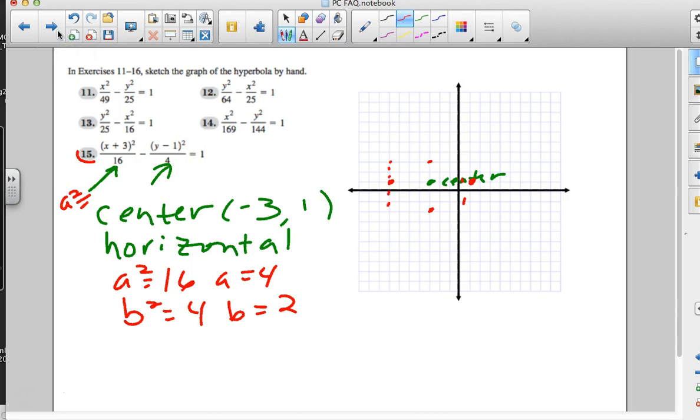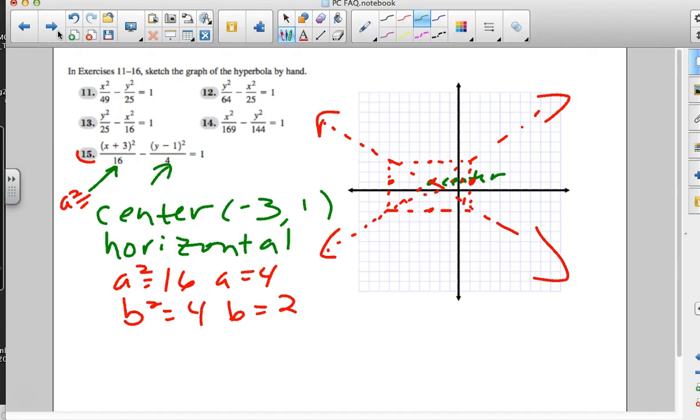Use those to create a rectangle, a box, whose diagonals, which should go through the center. Wow, did I get off there? There we go. Are the asymptotes. And we said this was horizontal, so it's going to approach our asymptotes.